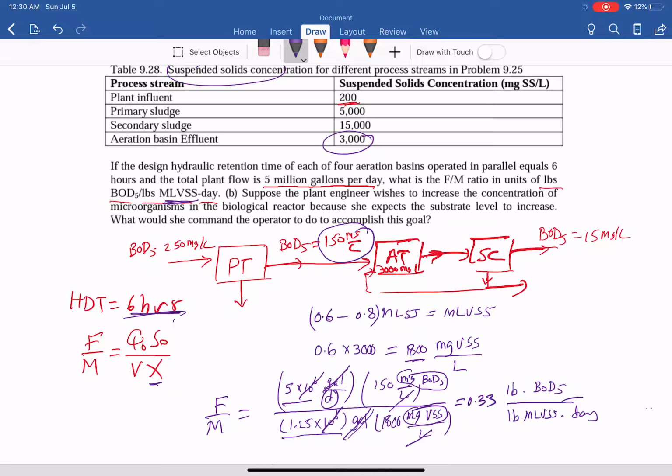Now let's look at B. Suppose that the plant engineer wishes to increase the concentration of the microorganisms in the biological reactor. So we need to increase this, because she expects the substrate level to increase.